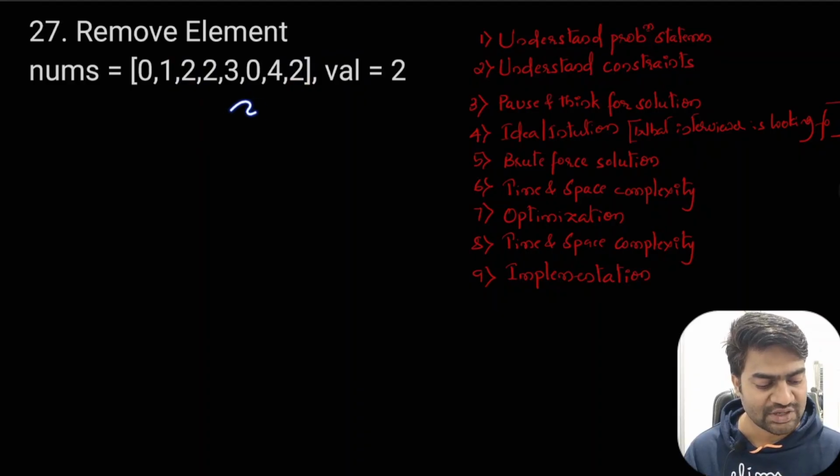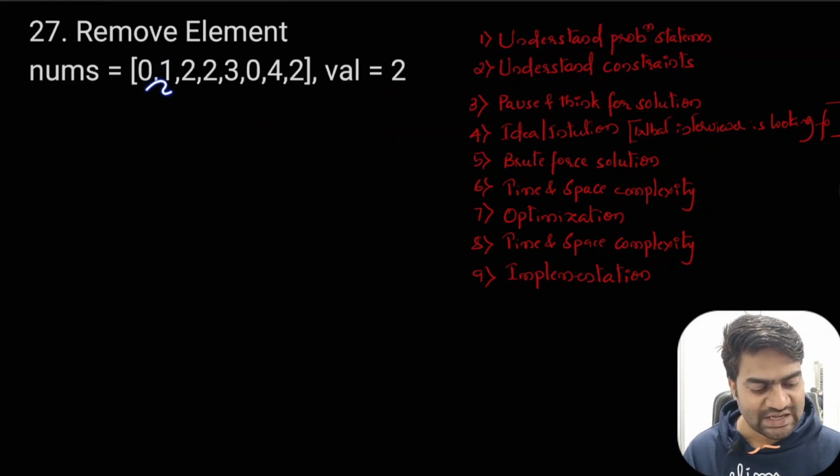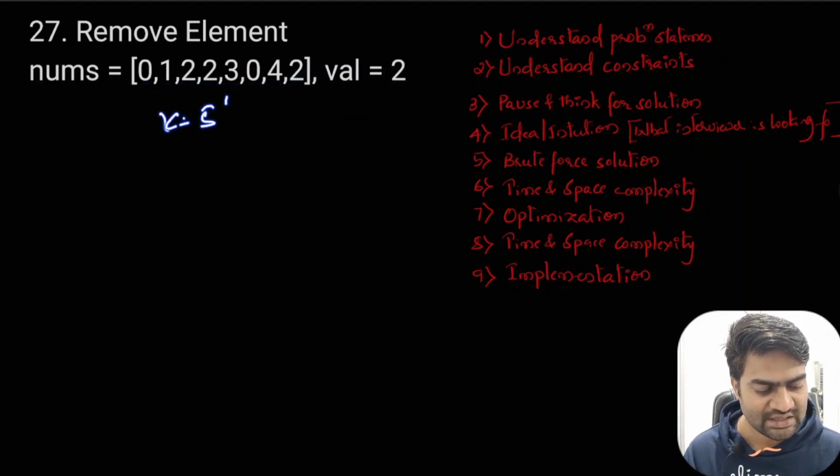If you remove 3 from 8, then 5 is our k value, which is equivalent to the length of the array we get after removing this value. If that is the case, we could have simply counted the non-2 numbers here: 1, 2, 3, 4, 5, and that's it. So we could have simply returned 5.